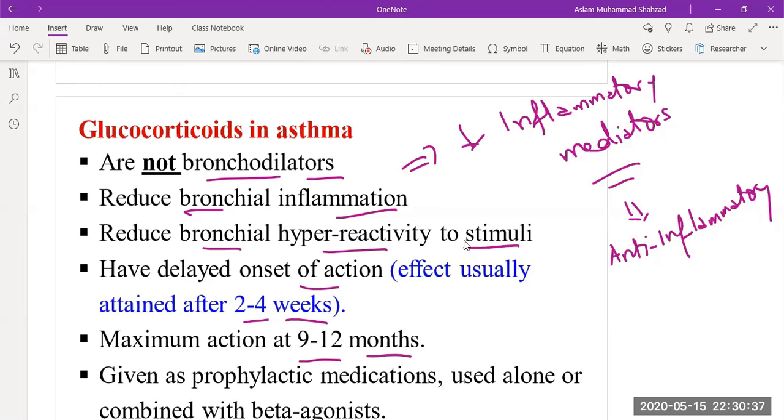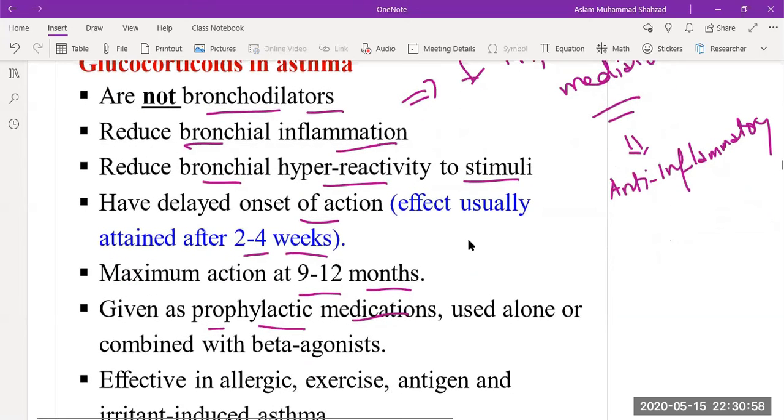That's the main difference between the other classifications of drugs that we discussed before, especially the bronchodilators and the corticosteroids. And we also mentioned they are given as prophylactic medication, or used alone or in combination with a beta agonist.